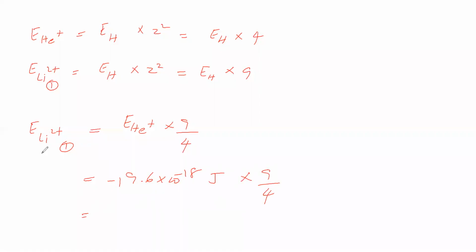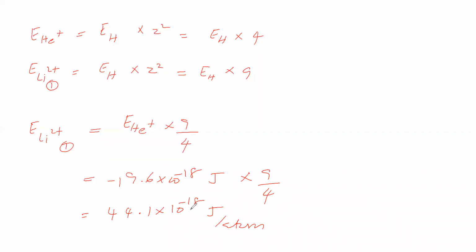So we get the energy of Li2 plus in the first stationary state as 44.1 into 10 to the power of minus 18 joule per atom.